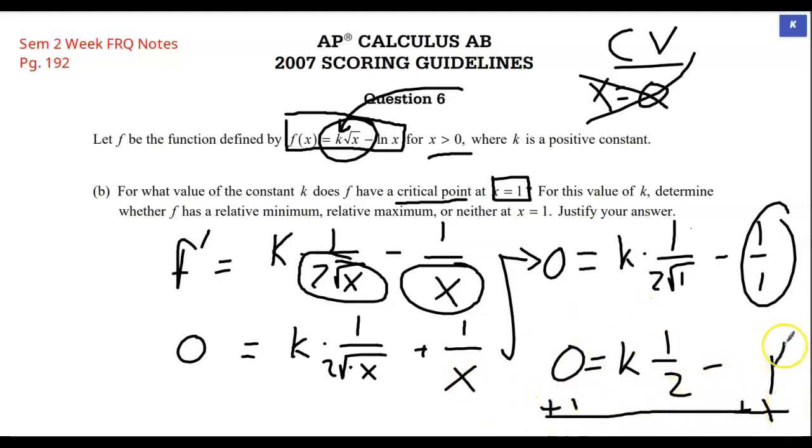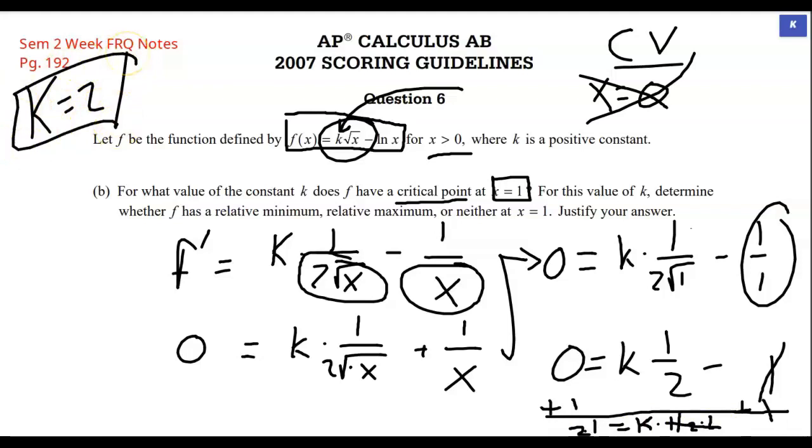That's my goal. So now I've got 1 equals k times a half. How do I solve for k? Just multiply both sides by the reciprocal of this fraction. So I'm going to multiply both sides by 2. That cancels those out. And we end up with the fact that k equals 2.